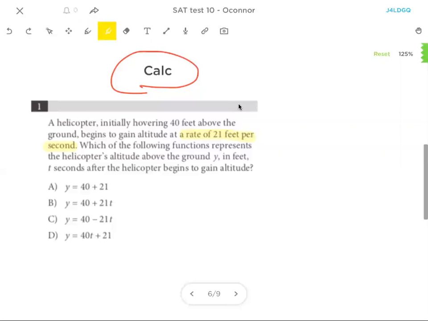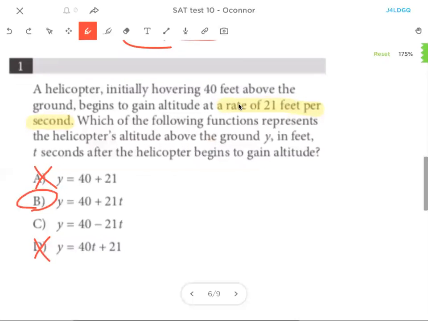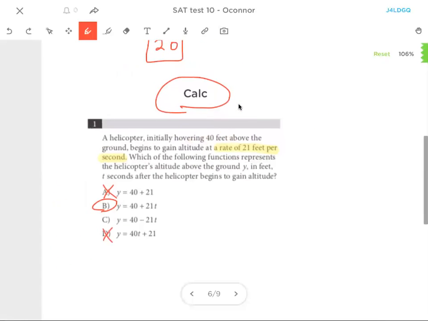That screams changing. So it should be connected to a variable. Just by knowing that, I have a 50-50 chance of getting this problem correct. Just by knowing something that changes per something is going to be a slope, oftentimes, if it's a linear relation. And so if it's hovering at 40 feet above ground, that means it started at plus 40 feet and then went up at 21 feet per second. So the answer is B.